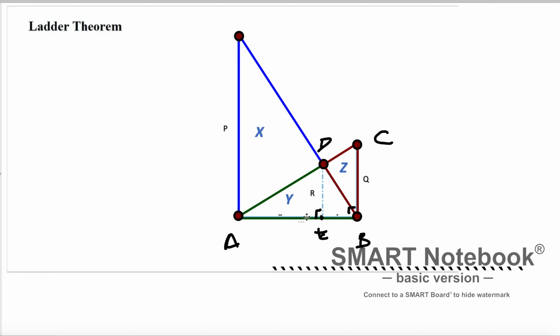Because they have two angles the same, the third angle has to be the same. So all the angles are the same, those are similar triangles.